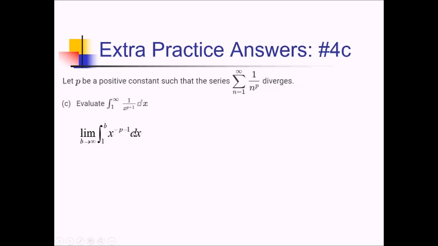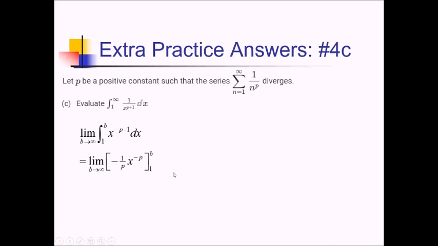My next step is to take the antiderivative of this. So just using the reverse power rule, adding 1 to this exponent, I just get negative p. And then dividing by negative p, I have -1 over p times x to the negative p. And I'm evaluating that from 1 to b. Still have my limit as b approaches infinity. To make my life even easier, I'm going to factor out this -1 over p from my evaluation.